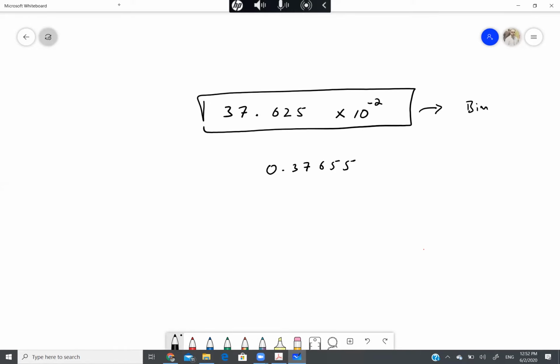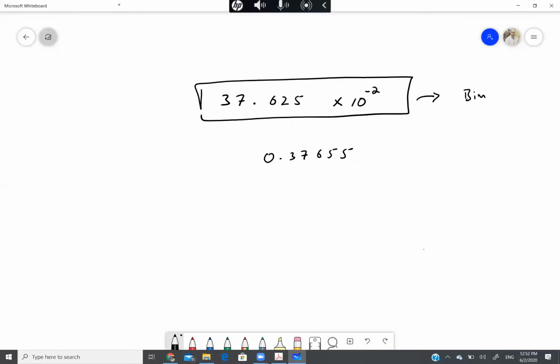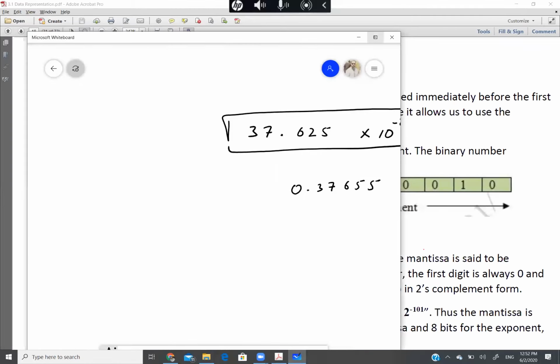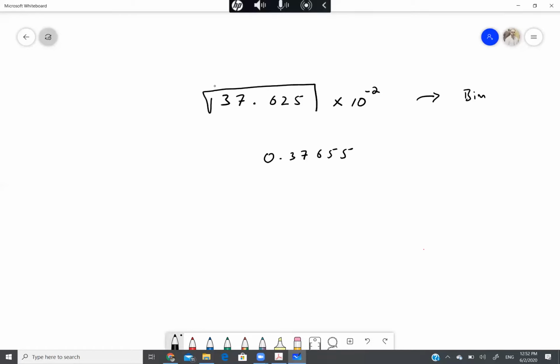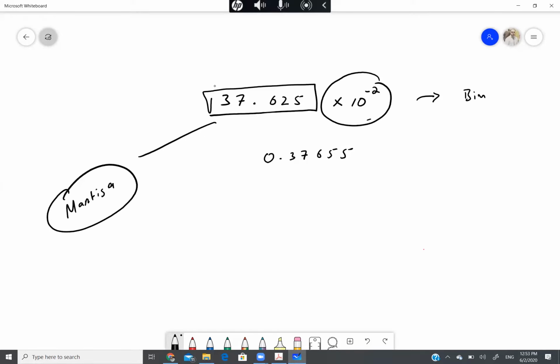So we use two portions. This whole thing is known as the mantissa, and this portion is known as the exponent.